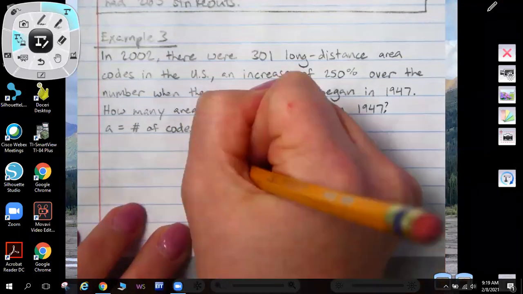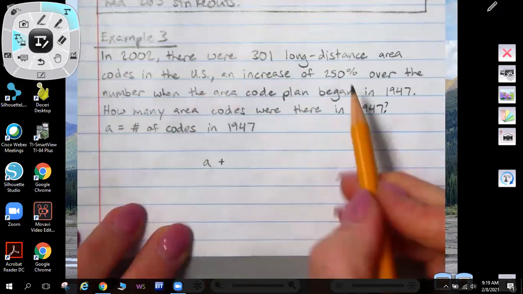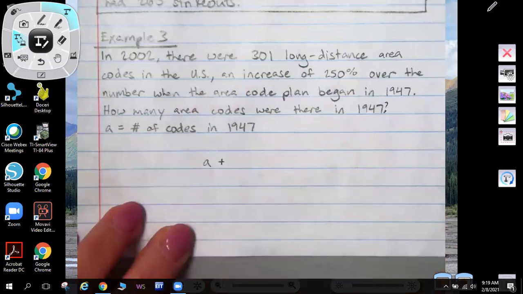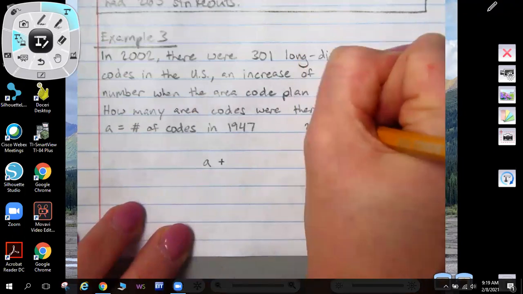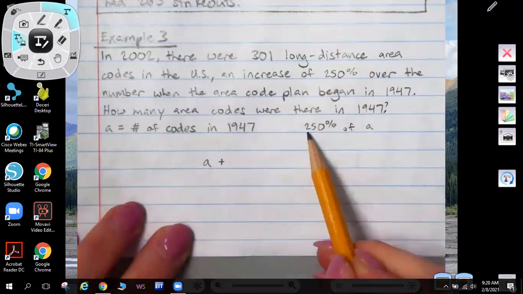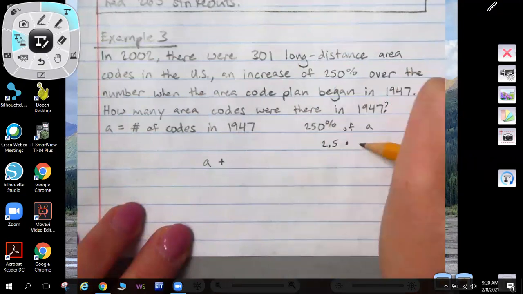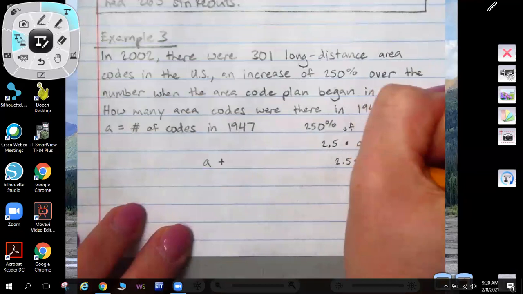So an increase means we're adding 250% of the number of codes that there were in 1947. So let me do some scratch work here. 250% of A, which represents the number of codes in 1947. 250% as a decimal is 2.5. Of means multiplication. So 250% of A can be written as 2.5A.